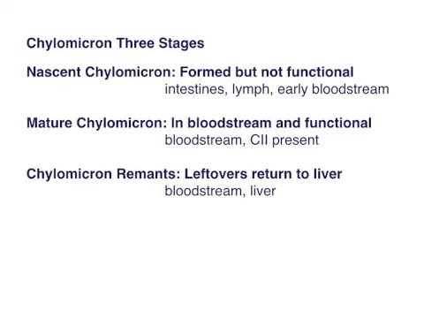These nascent chylomicrons are found in the intestines and in the lymphatic vessels, and are found early on in the bloodstream. In the bloodstream, chylomicrons become mature chylomicrons. This is due to the addition of apolipoprotein C2. Once they give off the majority of their triacylglycerols through hydrolysis, they become known as chylomicron remnants. These are the leftovers, and they're returned to the liver for recycling.